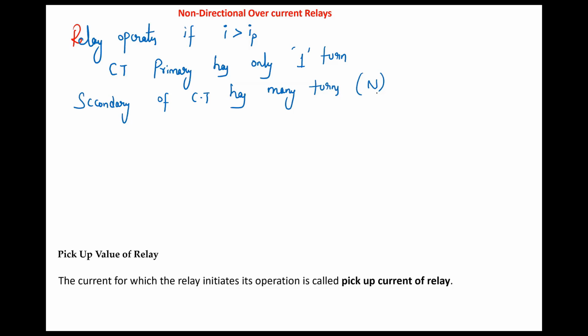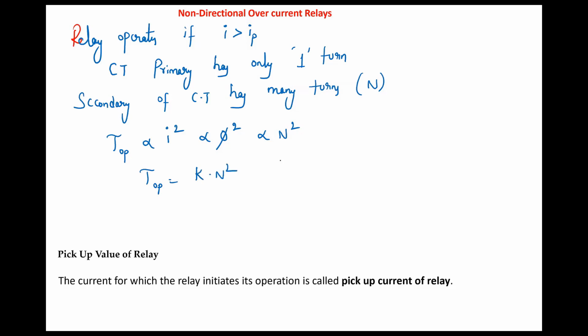So here the operating torque or operating force is directly proportional to I square. Since I is directly proportional to flux, it is directly proportional to flux square. Since flux is directly proportional to the number of turns, it is directly proportional to N square. So this operating torque or force is equal to some constant K into N square.